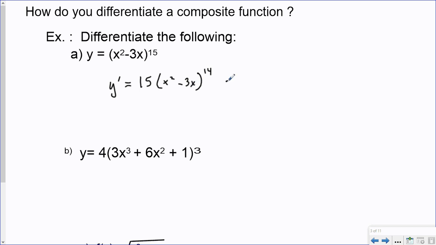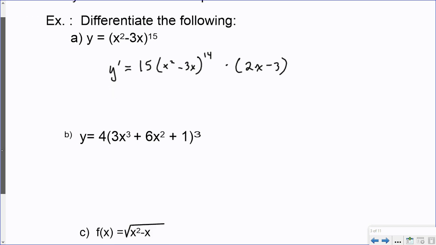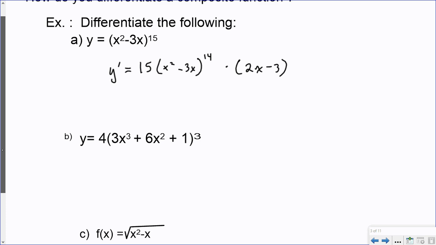And then I have to take the derivative of that something function. It's awkward to say "something," but either way, we get the point. That something function, or that inside interior function, also has to have its derivative taken. And that's what I'm going to start calling them: the outside function and the inside function.